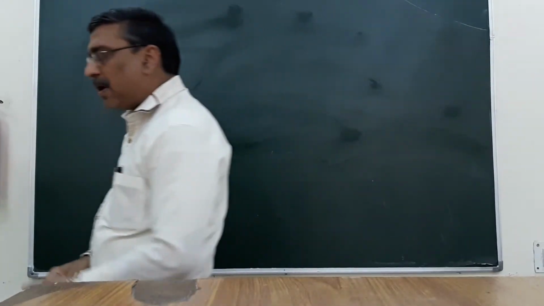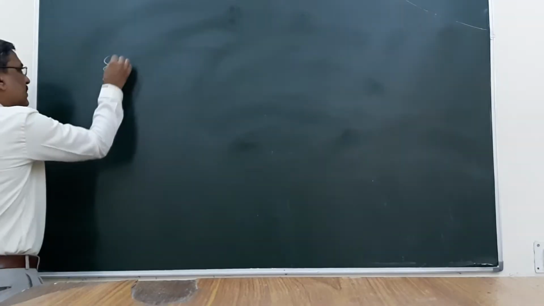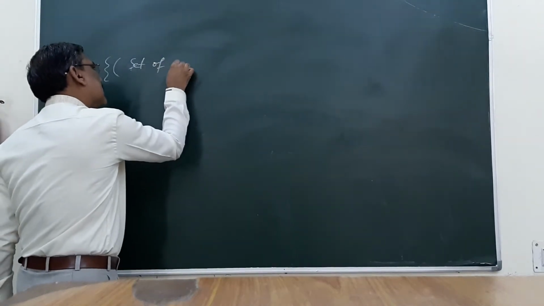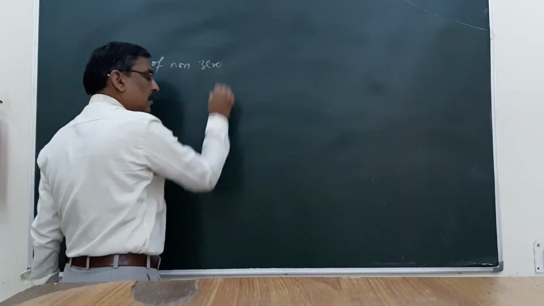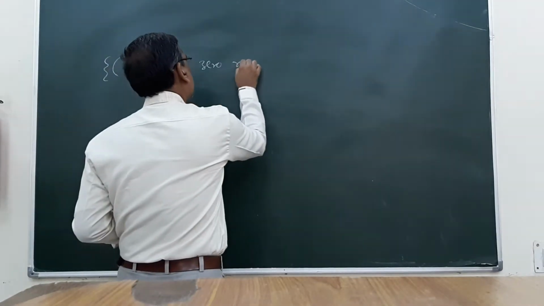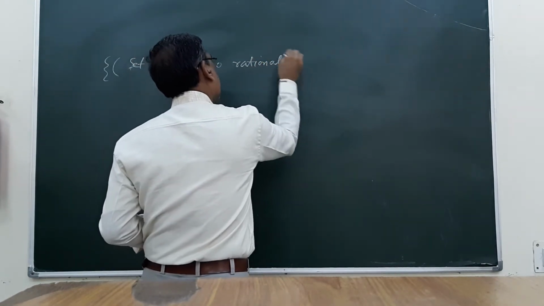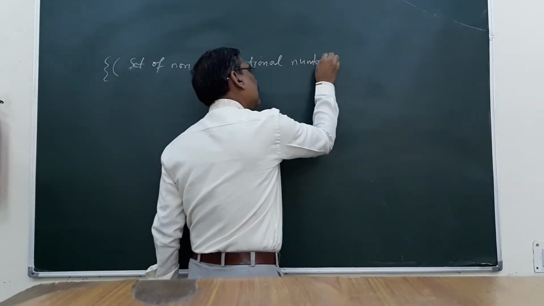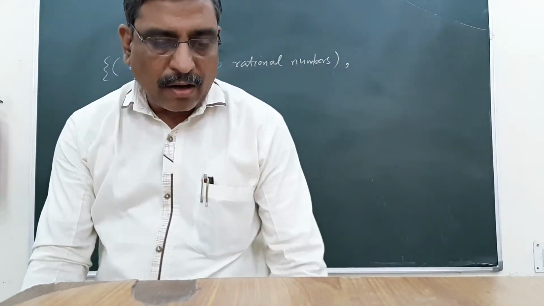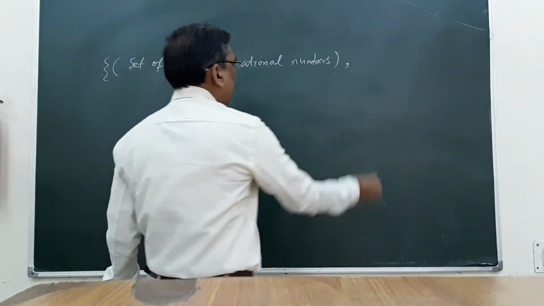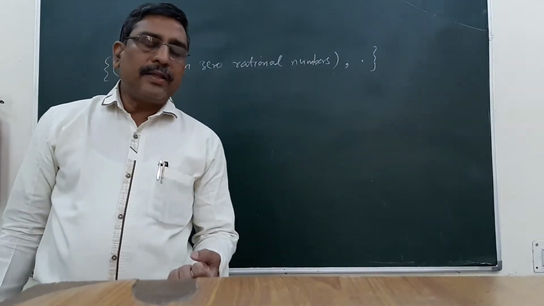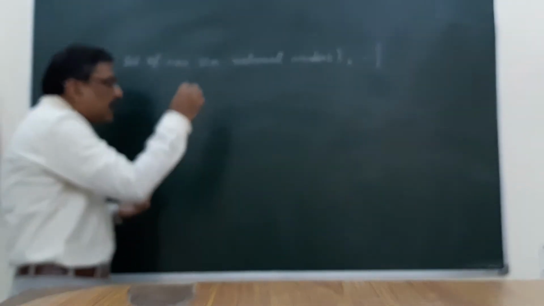Now, we take two more examples of infinite group. Say the set of non-zero rational numbers, and the operation is multiplication.